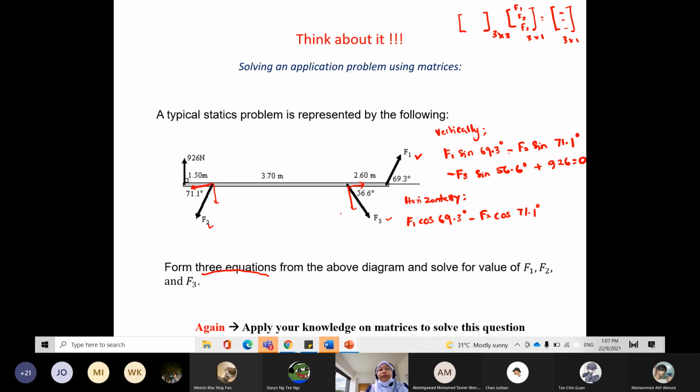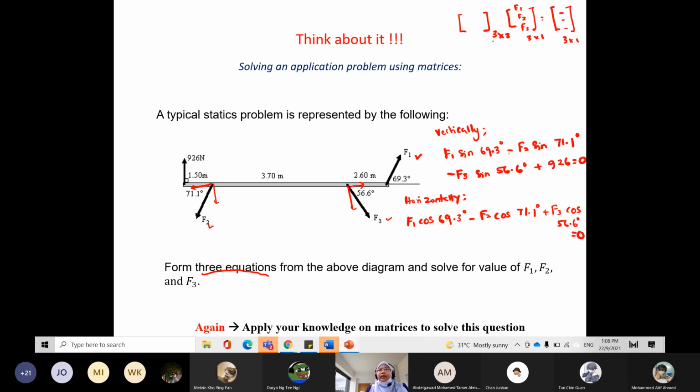Another one we have is F3. Going to the right is positive, so plus F3 cosine 56.6 degrees, equal to 0. So we have resolved into vertical and horizontal.